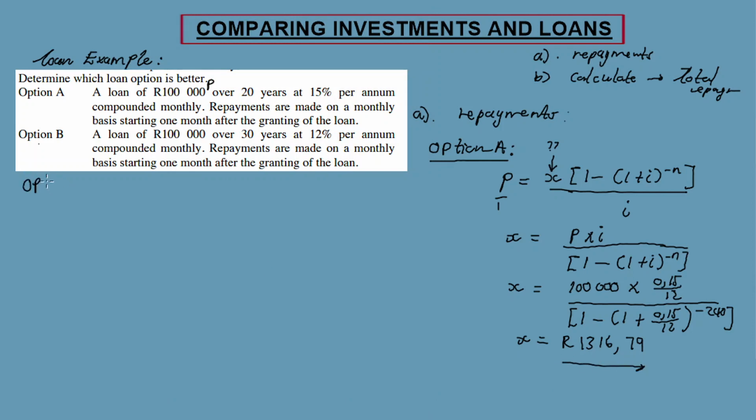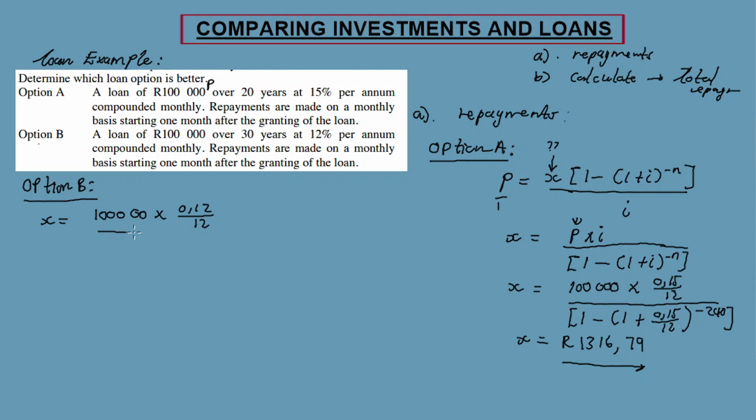Option B, for option B we do the same. x is equal to P, which is 100,000, times 0.15 over 12 divided by... no, with 12% this time. It's 12% for option B divided by 12.